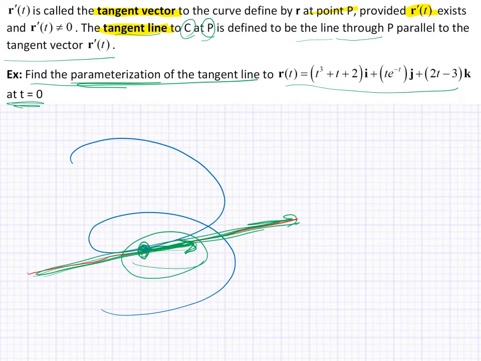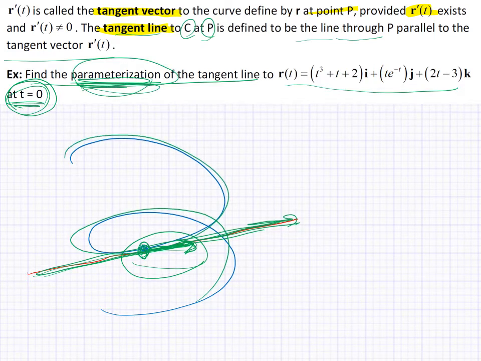We'd also have to find the point we're located at with this t value, and then we could write the parametrization. It has to be a parametrization because this is happening in 3D space, with this helix curve or whatever curve this ends up being. It's clearly a 3D curve, with i, j, k.